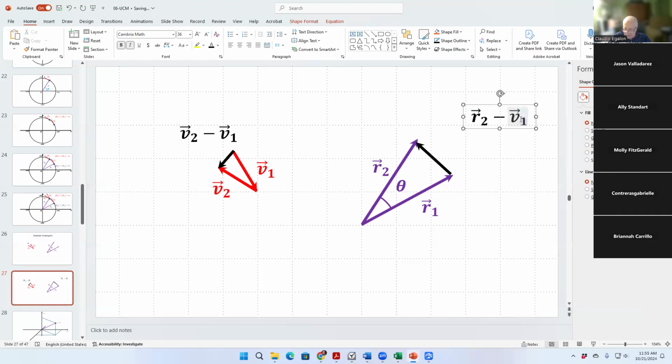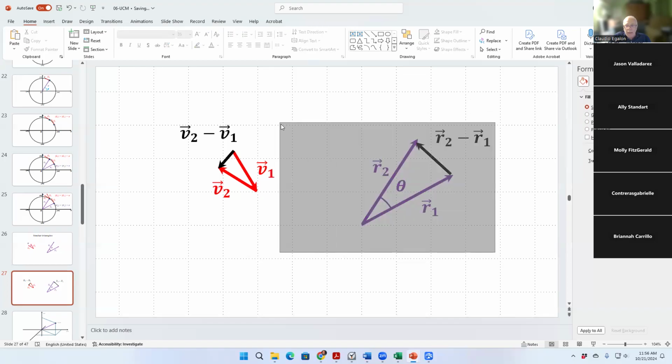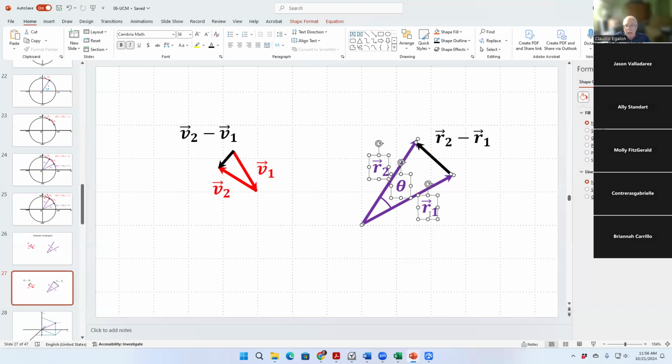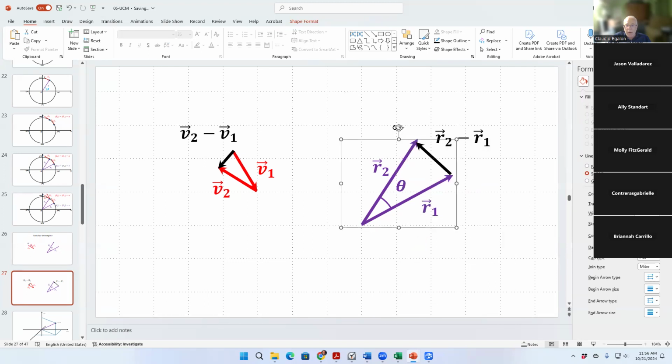Five more minutes. We are almost there. R2 minus R1. And now that we have those similar triangles, I'm going to orient them in the same direction and group them all.